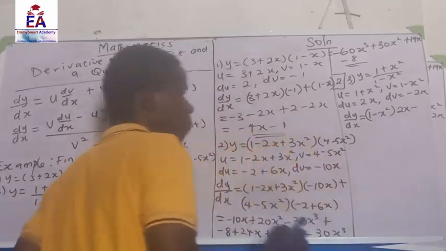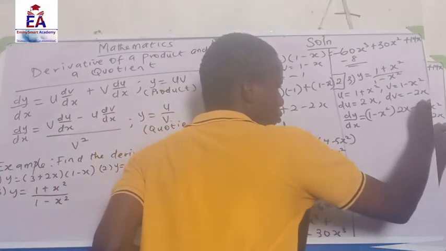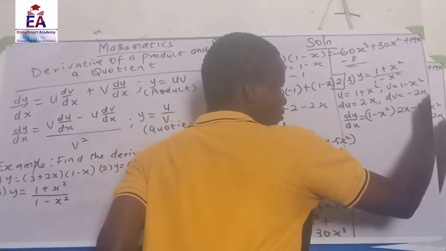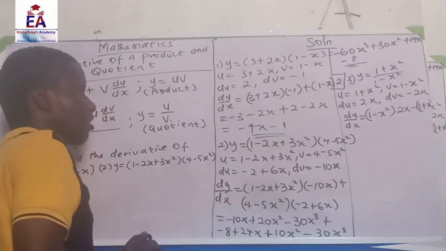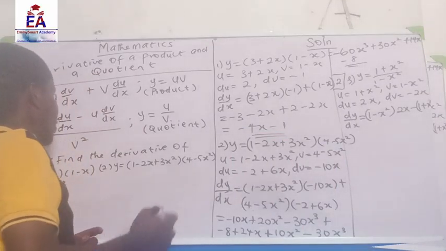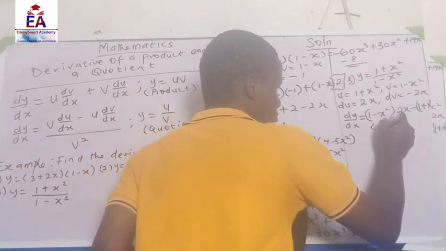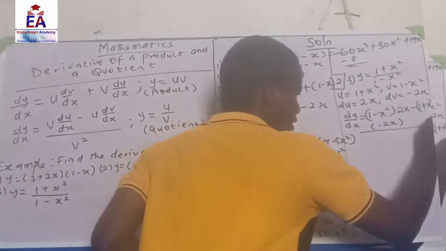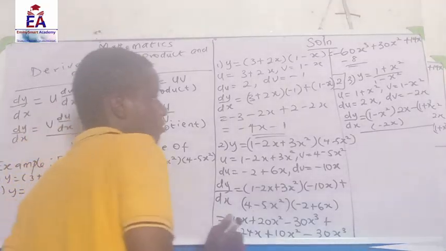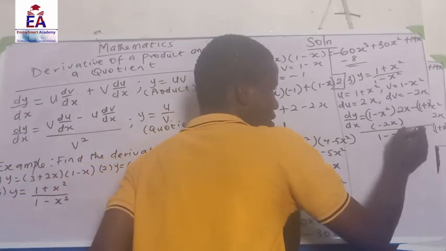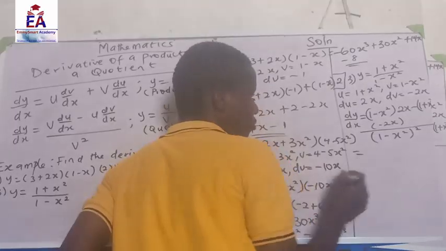Then minus, take the first one, which is 1 plus x squared, and then differentiate the second one, which is minus 2x, divided by the second one squared. The second one is 1 minus x squared.